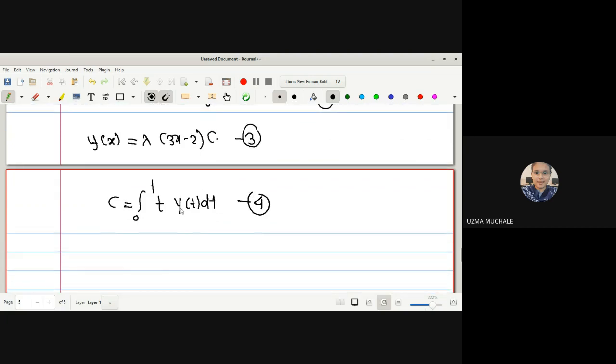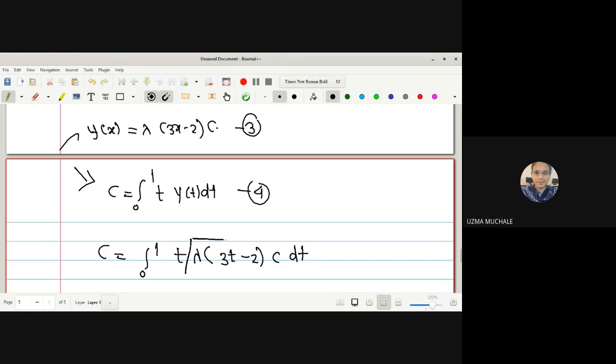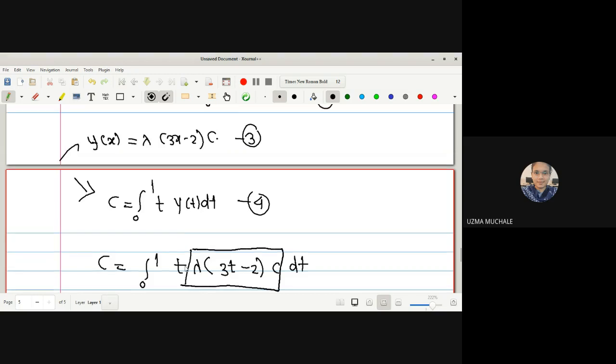Now we have to put the value from equation 3 in 4. C is equal to integration 0 to 1 t, and the value of y of t we can write as lambda into 3t minus 2 into c, dt. Correct? The value of y of t from equation 3 I have substituted.